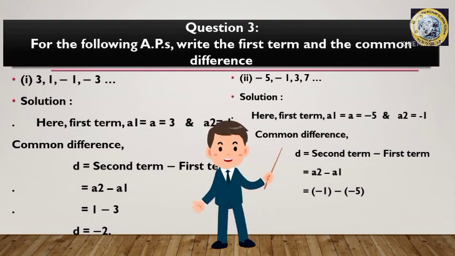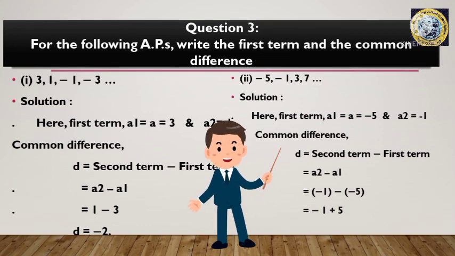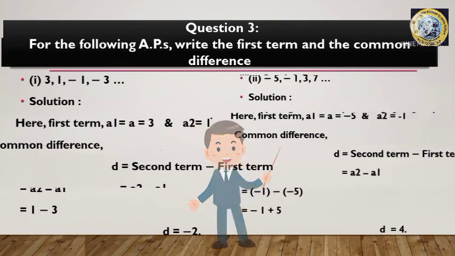When we substitute the A2 and A1 values, we get minus 1 in a bracket minus, and in the second bracket minus 5. After solving this we get minus 1 plus 5. When two numbers have different signs, at that time we do subtraction. Therefore, D is equal to plus 4.